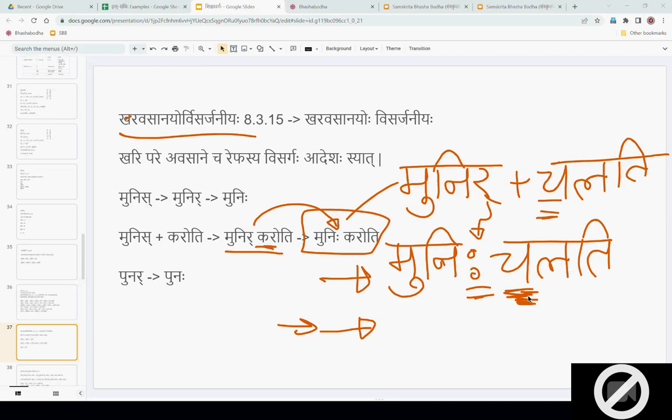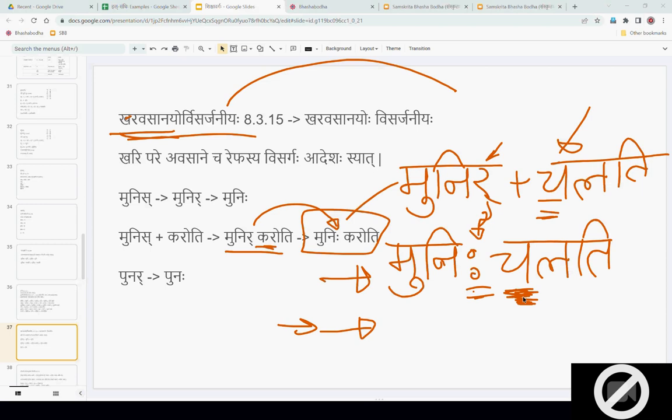But for now, keep in mind that this sutra says that if the following letter is a khar letter, hard or harsh consonant, then the refa, the ra, changes to visarga. That is true. But does it stop there? It depends. It depends what follows.